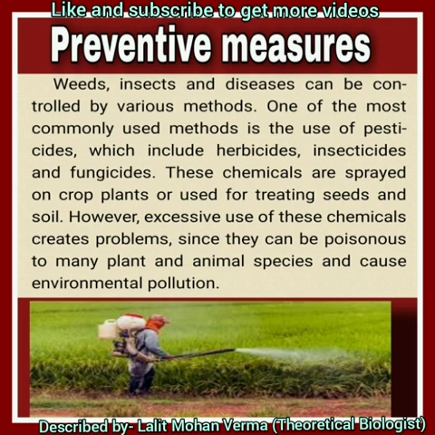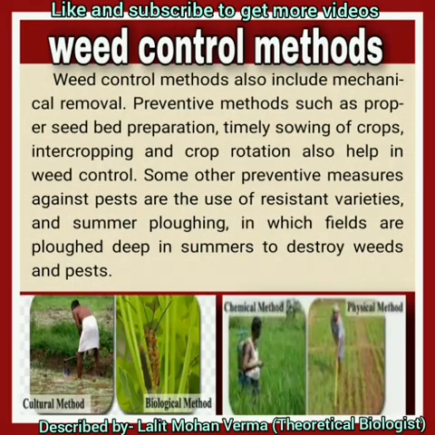We can use herbicides, insecticides, fungicides. These chemicals are sprayed on crop plants or used for treating seeds and soil. But keep in mind, excessive use of these chemicals creates problems, students, since they can be poisonous to many plant and animal species.